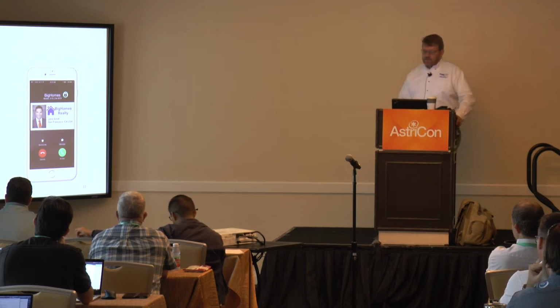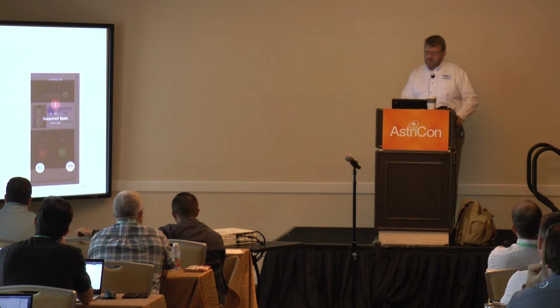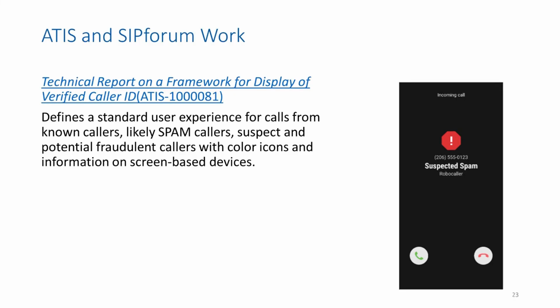And actually, there was quite a bit of work done by the SIP Forum. I think it's this next one here. Yeah, ATIS and the SIP Forum did quite a bit of work this last year trying to come up with a standard user experience for calls that are good, likely spam, or suspect. And they put together a host of user experiences, put together a focus group, and had them receive calls based on these different methodologies of displaying this information.